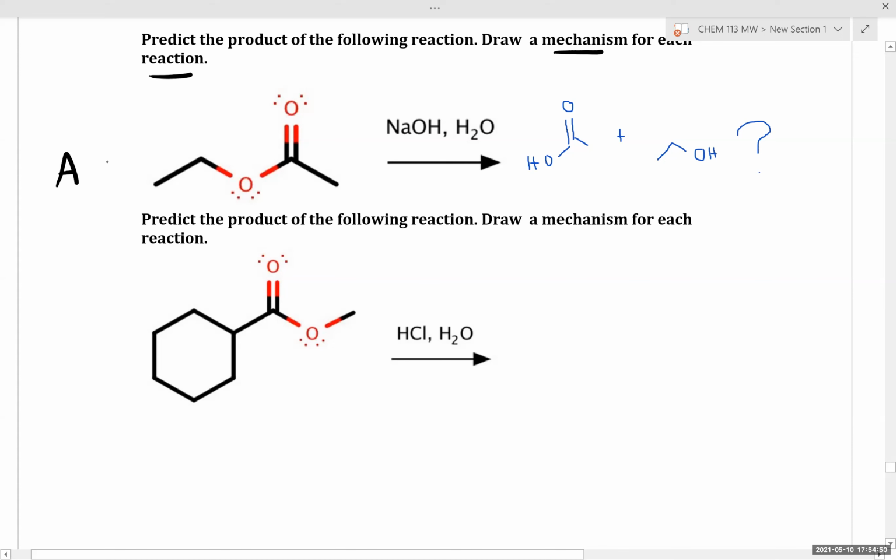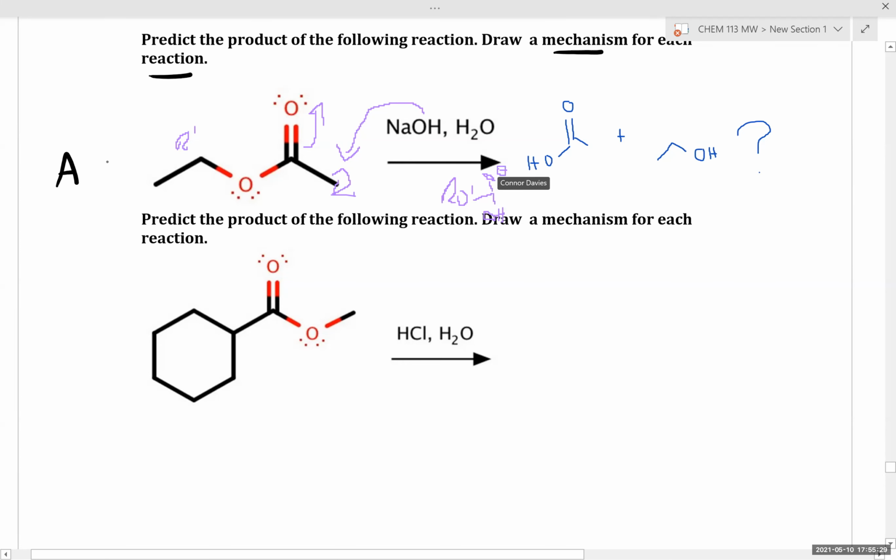Would anyone like to try and justify these predicted products by proposing a mechanism for this reaction? So we have a student proposing that sodium hydroxide attacks our carbonyl carbon. We generate a tetrahedral intermediate. Sure.